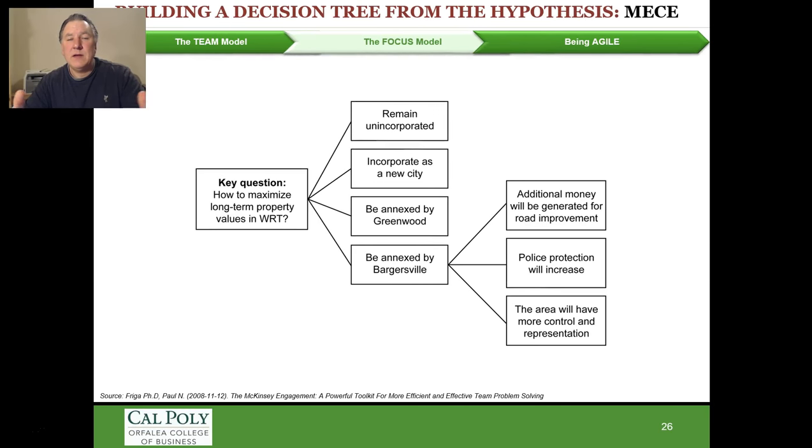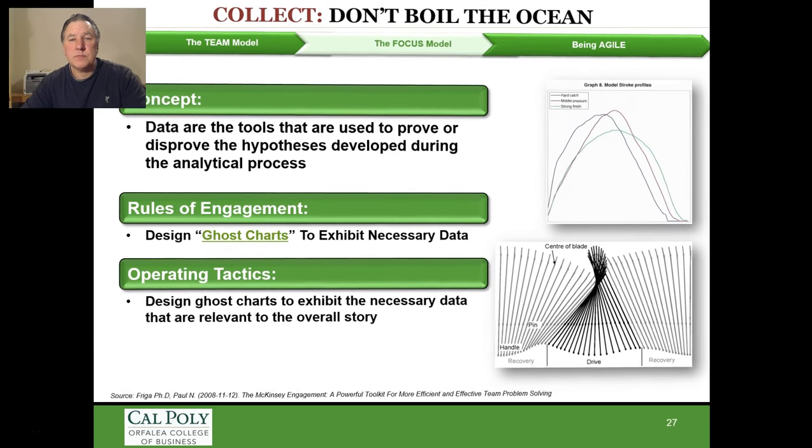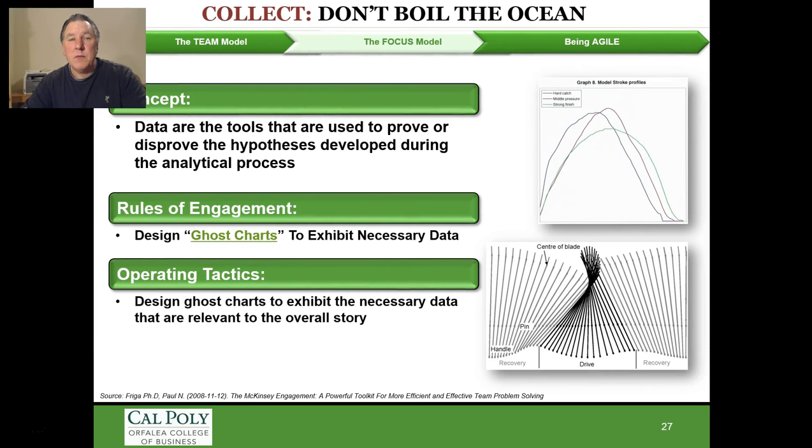Okay? And then you also will be building a decision tree, which is based off your hypothesis key question. And from there, again, you're going to be using mutually exclusive, collectively exhaustive branches to look at how we solve the problem. And why that's important is because then you go and do your research.